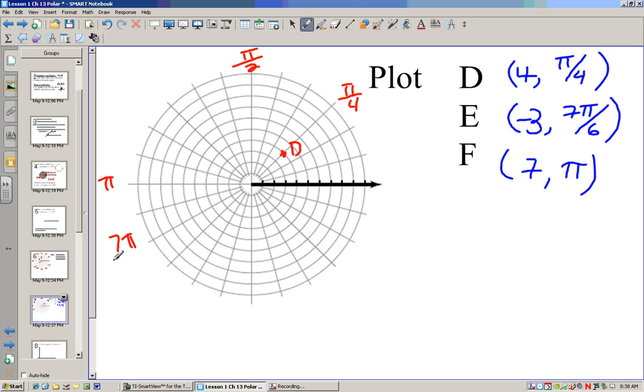So 7 pi over 6 would be here. And instead of going in this direction 3, we're going to go back 1, 2, 3. And that point is E. F, we go 7 in the direction of pi. Pi is just straight across. 1, 2, 3, 4, 5, 6, 7. That's my F.